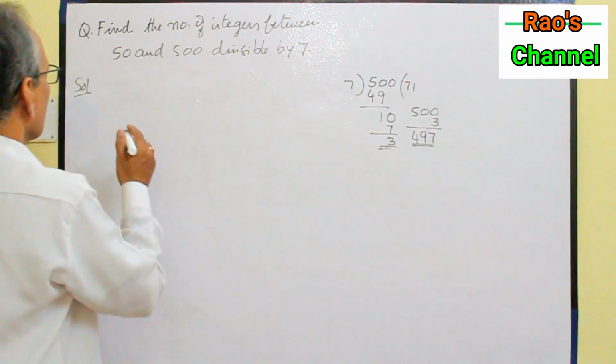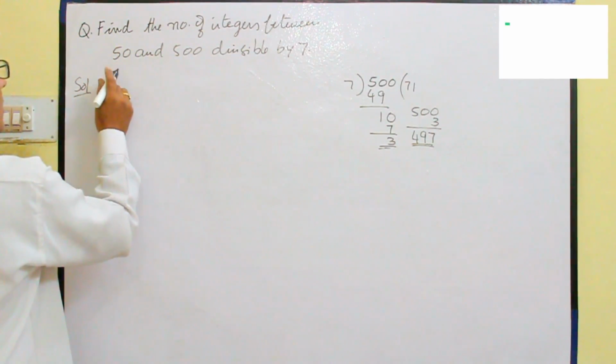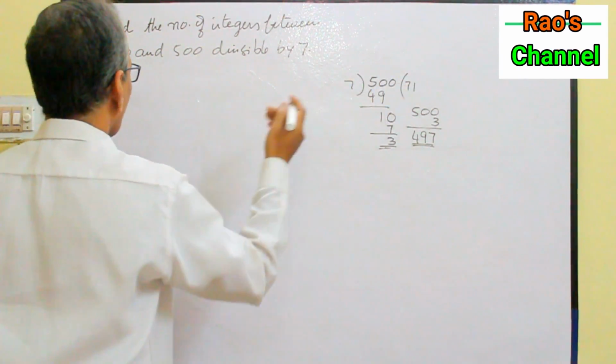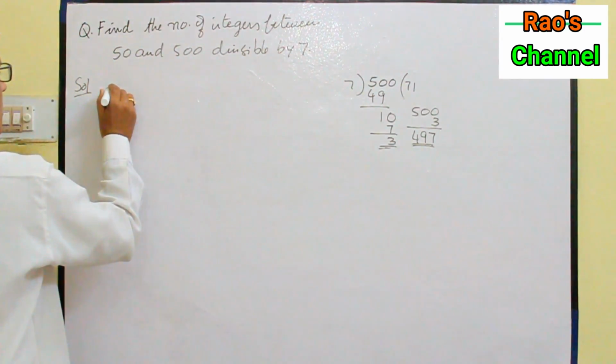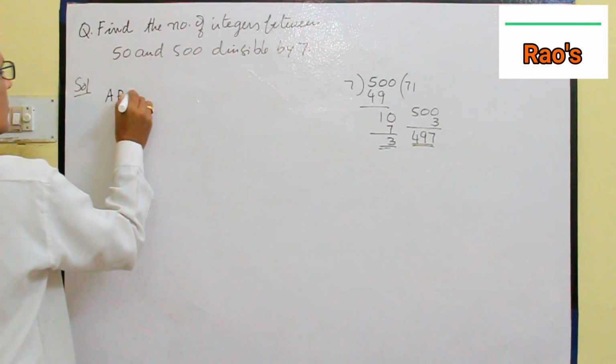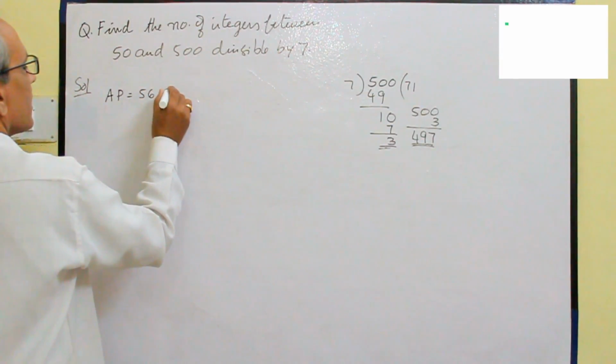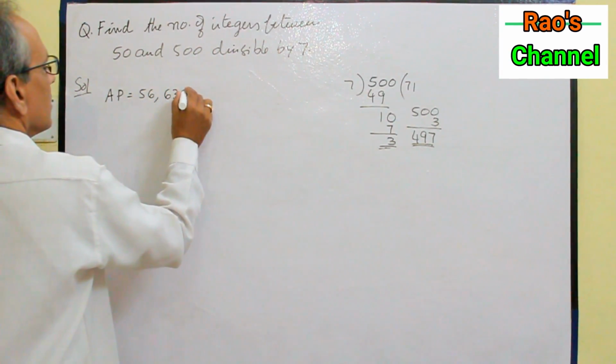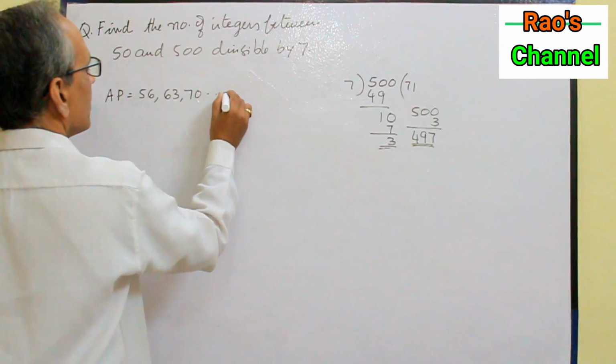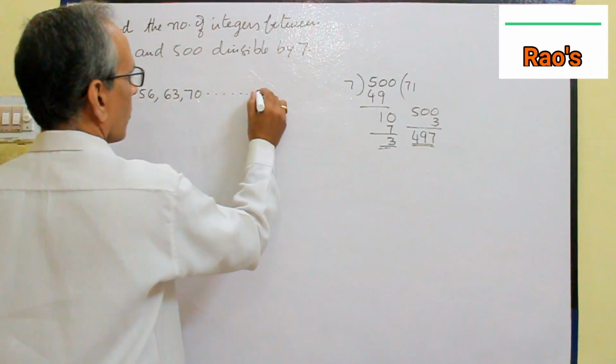So we write this also in the rough column in the examination. So the AP is equal to 56, 7 9s 63, 70 and so on. The last term is 497.